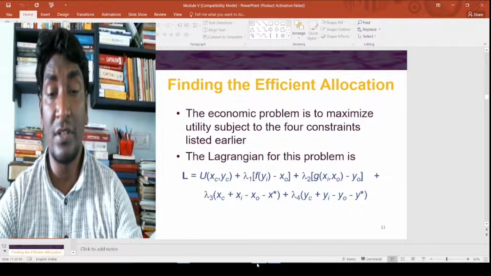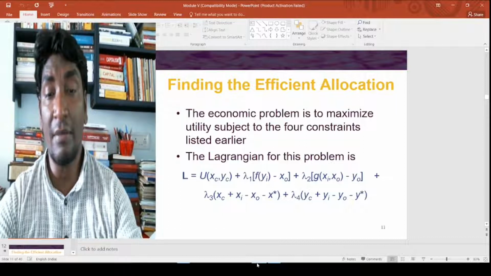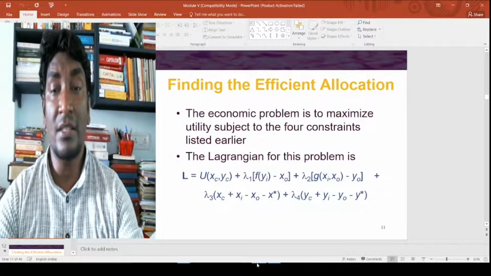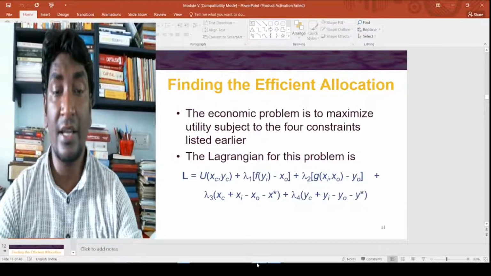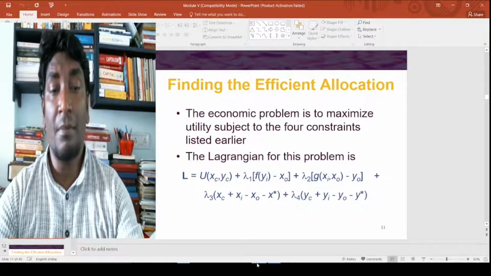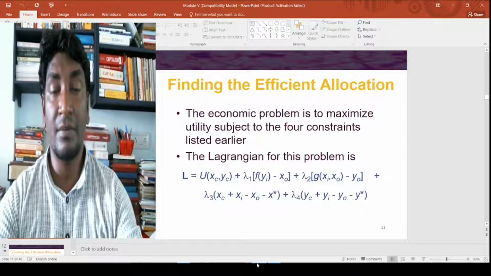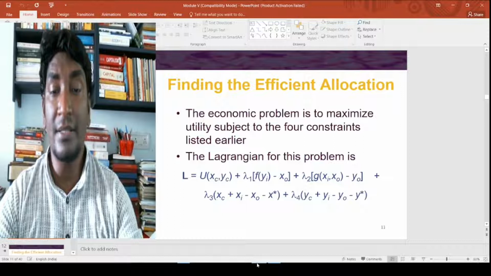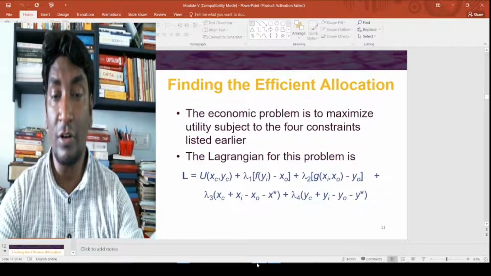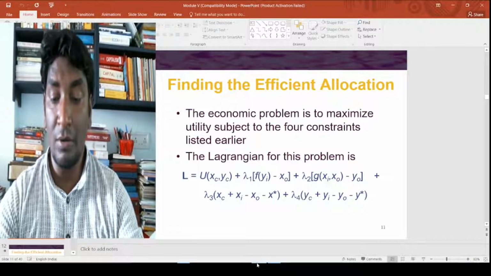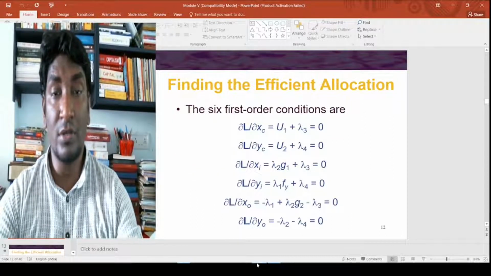Then the second constraint, lambda 2 times G of XI, X0 minus Y0, plus lambda 3 times XC plus XI minus X0 minus X star, plus lambda 4 and so on. All the equations are multiplied by a constant called lambda.